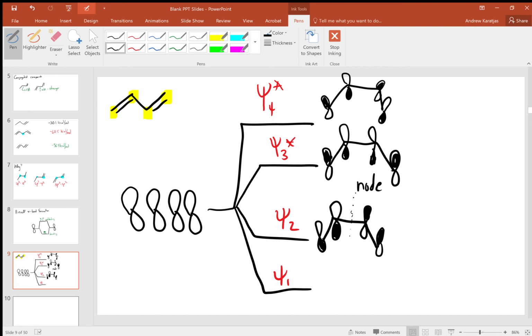But Psi1 shows us the answer to our question as to why conjugation is stabilizing. Psi1 here, we can see, has no nodes. And so the 2 electrons that are in Psi1 are shared by all 4 atoms, or we can say they're delocalized over all 4 atoms.